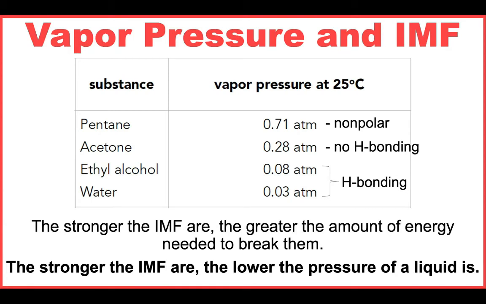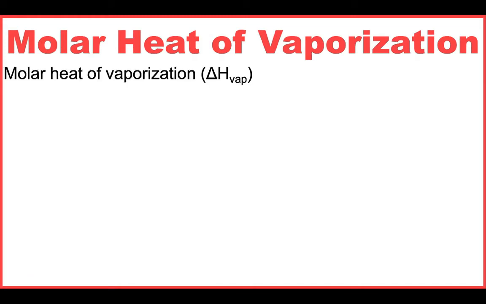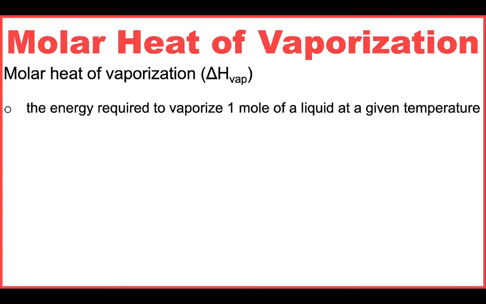Let's have first the molar heat of vaporization. The symbol for molar heat of vaporization is this one: triangle, letter H, and subscript VAP for vaporization. This is the energy required to vaporize 1 mole of a liquid at a given temperature.